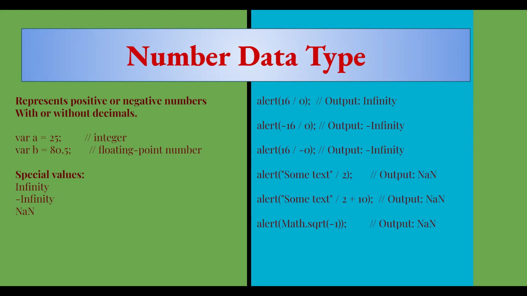Infinity represents the mathematical infinity, which is greater than any number. Infinity is the result of dividing a non-zero number by 0, as demonstrated in the example. If you divide 16 by 0, it will return infinity. And on dividing either minus 16 by 0 or 16 by minus 0, both will return minus infinity as output.